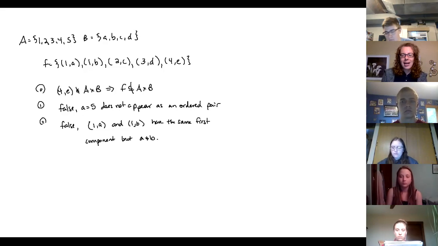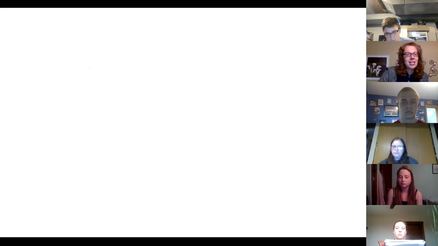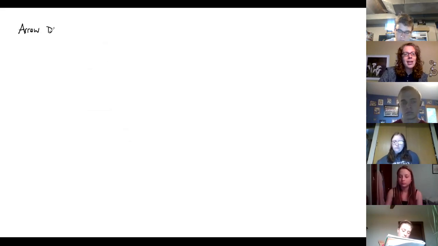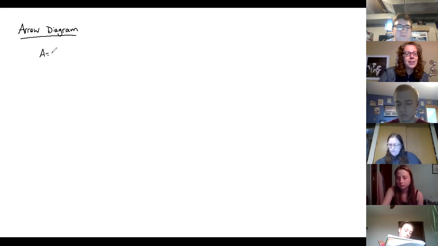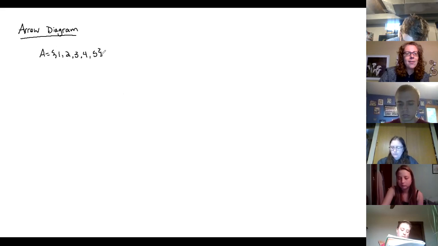So way number 2 to define this is an arrow diagram. We won't spend a ton of time on this because it is basically the same thing as a set of ordered pairs. You're just representing it in a different way. So let's stick with our same sets. A is still 1, 2, 3, 4, 5, and B is still A, B, C, D. An arrow diagram can get drawn one of 2 ways.